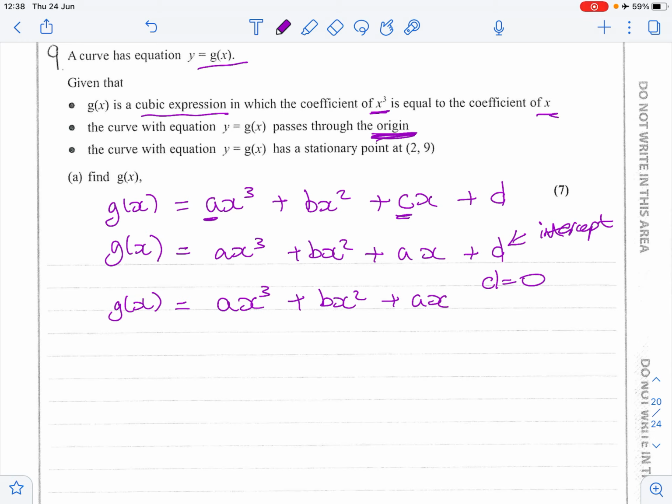Then we are told that the curve with the equation has a stationary point at (2, 9). So let's substitute 2 and 9 into our equation.